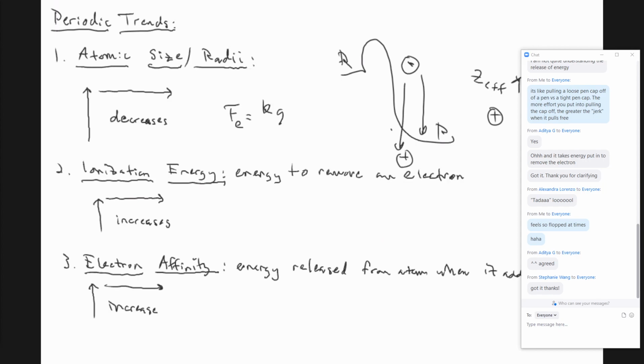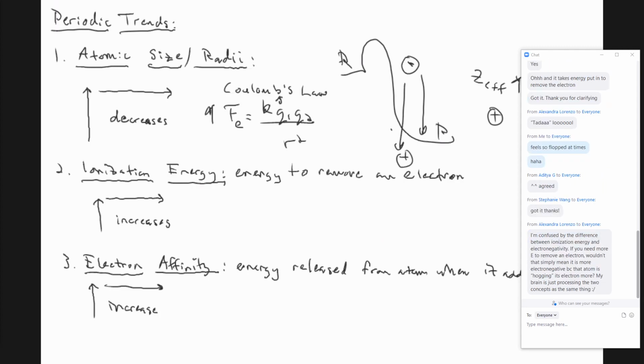K Q1 Q2 all over R squared. This is Coulomb's law. This is why they talk about it in your bonding and stuff. When you talk about bonding, Q1 is your protons, Q2 is your electron. So as Q1 increases, you're increasing the electrostatic force that's pulling that electron towards the center.